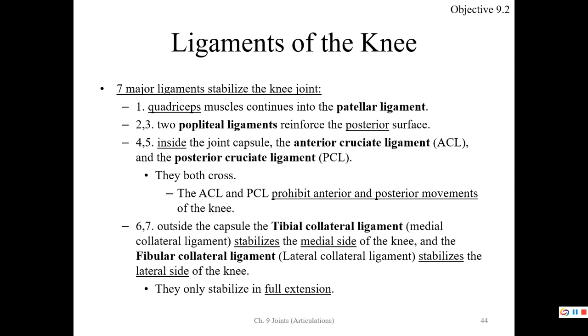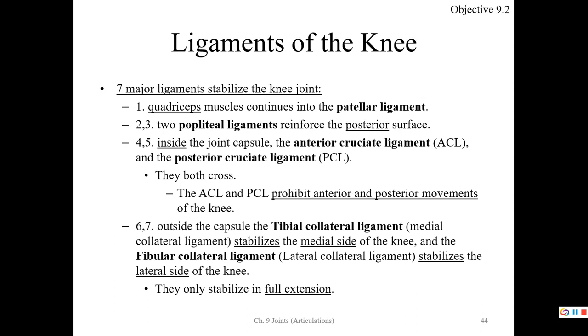So if the knee hyperextends, you could tear essentially. ACL injuries are kind of common. Basically, the three common are your ACL, your MCL, and your medial meniscus. That's your three most common injuries of a knee. The tibial collateral ligament, which is called the medial collateral ligament, the MCL, that's commonly torn.